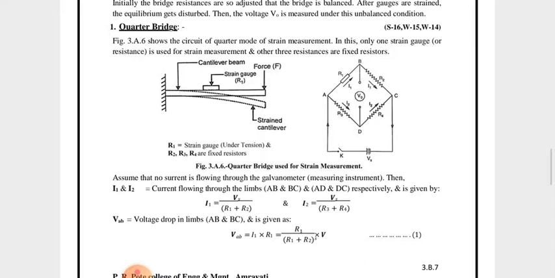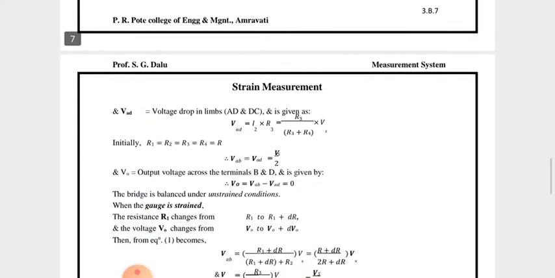Just now we have calculated I1 equal to Vs upon R1 plus R2, so we can write VAB equal to R1 upon R1 plus R2 into Vs. That is equation number 1.